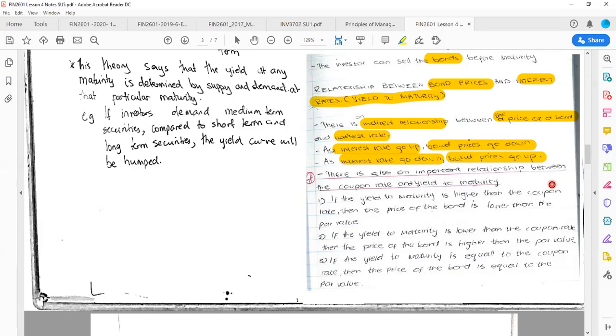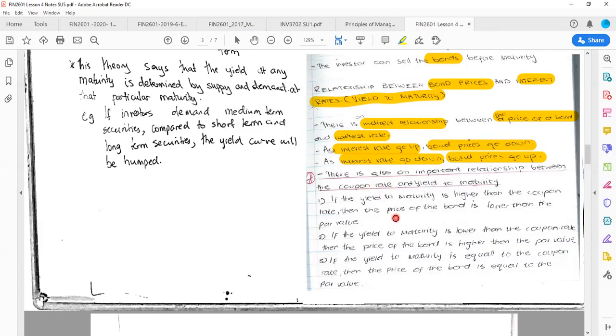And inversely, when interest rates start going down in the market, the price at which you can sell a bond will start going up. So there's an inverse relationship between the price of a bond and interest rates, right? And they sometimes do ask about this.